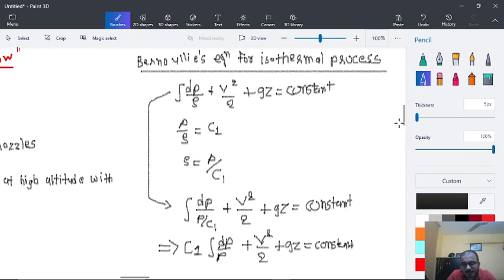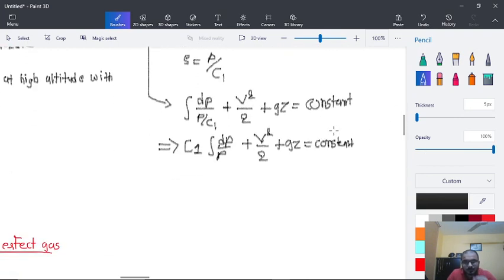So here instead of C1 we can put P by rho, and here we can put ln P plus V square by 2 plus Gz is equal to constant.